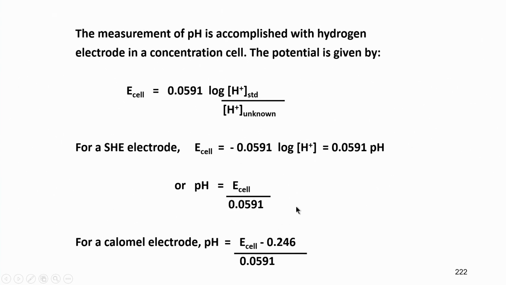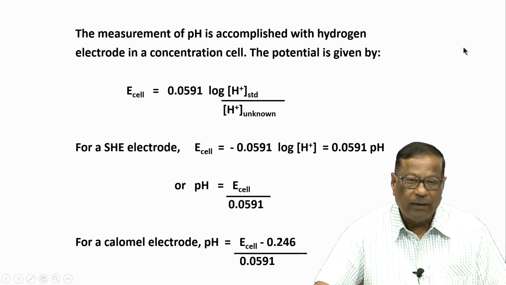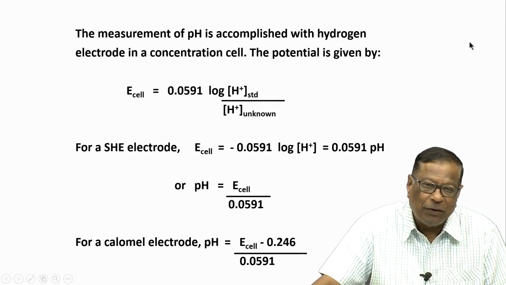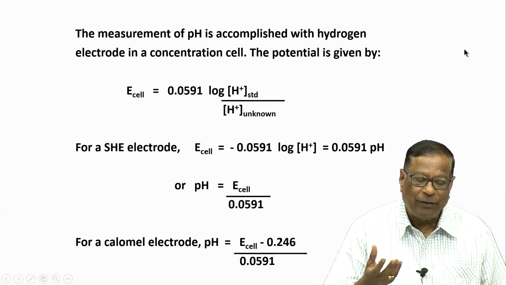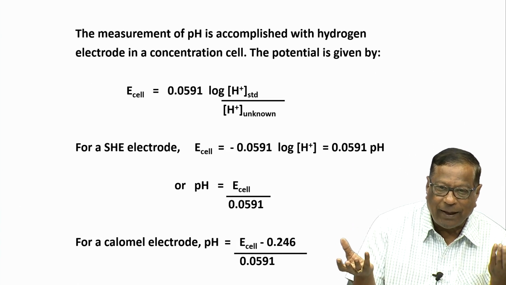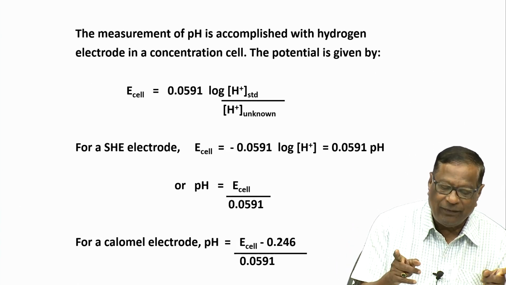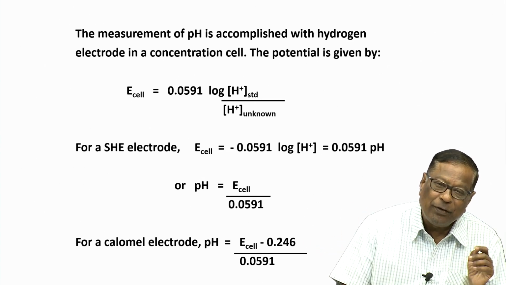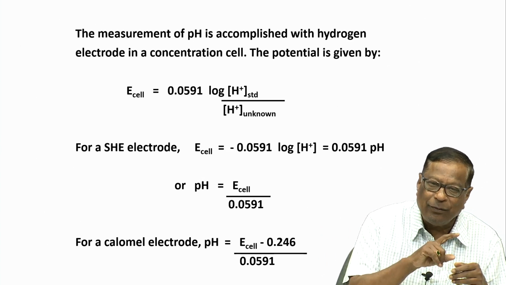A commercial pH meter can be conveniently made by using a calomel electrode. Okay. So, all the pH electrodes, pH meters that you see around you are built on this principle. You take a solution of hydrogen chloride or any acid connected to a saturated calomel electrode, measure the E cell, subtract the calomel contribution, divide it by 0.0591, and the range is 1 to 14.